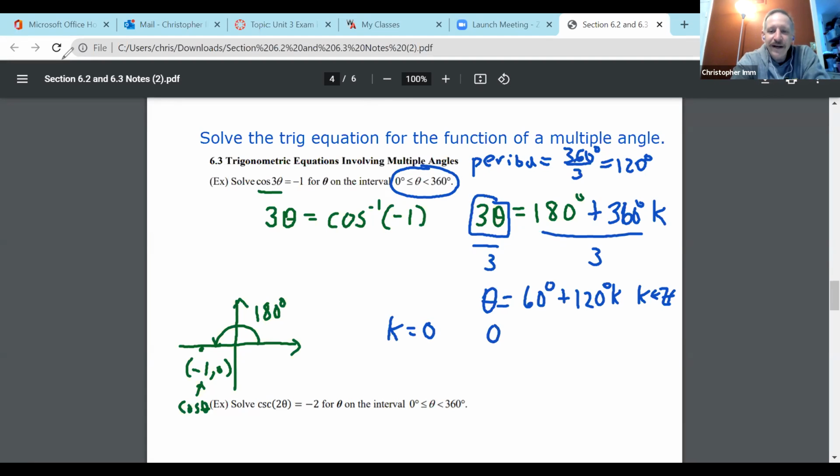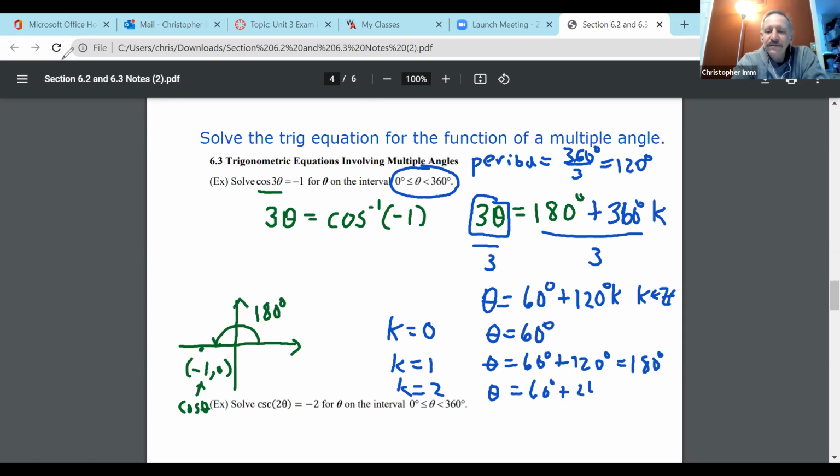So if I plug in 0, I'm going to get 60. When I plug in 1, I'm going to get 60 plus 120, and that will be 180. So it turns out 180 is actually an angle there that works. When I plug in 2, I get 60 plus 240, and that's going to be 300.